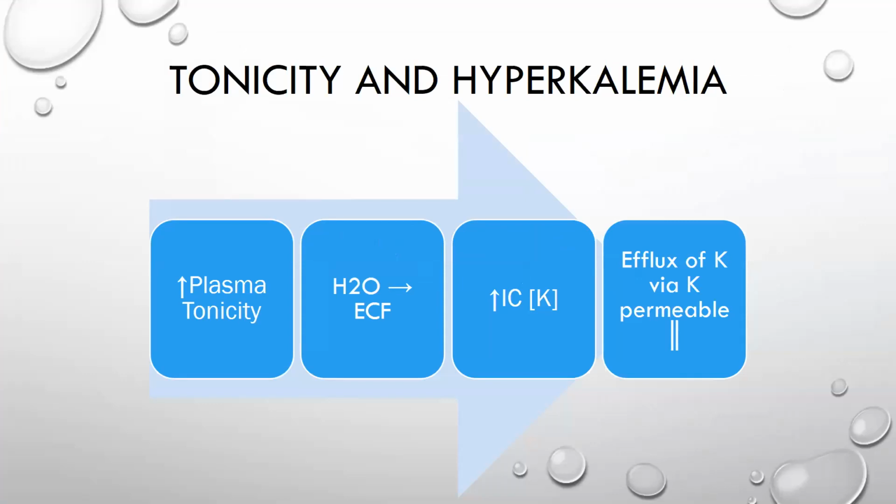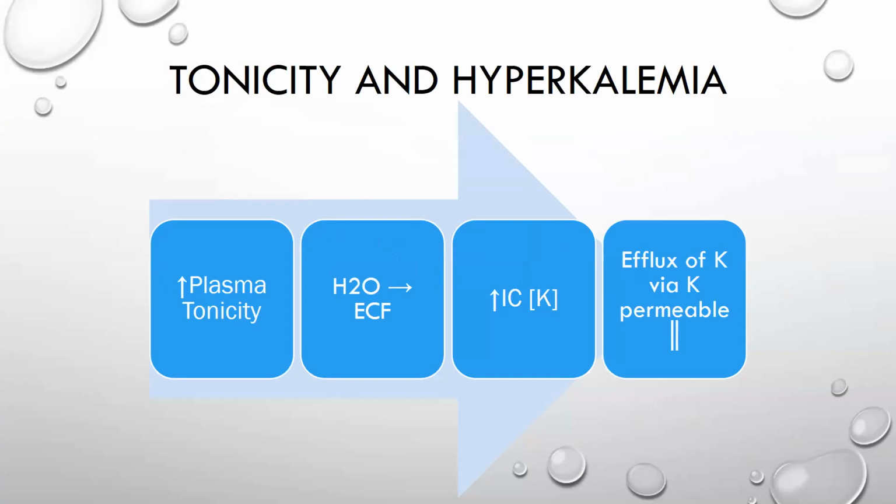Back to our talk on hyperkalemia and different pathophysiological states that affect that. Tonicity is a huge one. We see this a lot in the ICU, especially in patients who are hypernatremic. So what happens when you're hypernatremic? You have an increase in plasma tonicity. Water leaves your cells to your ECF space.